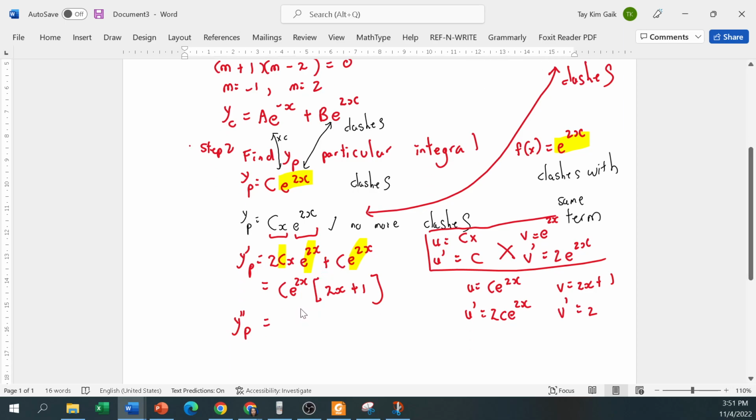So y double prime p, you have u v prime plus v u prime. So you get 2c exponent 2x, and then plus 2c exponent 2x multiplied by 2x.